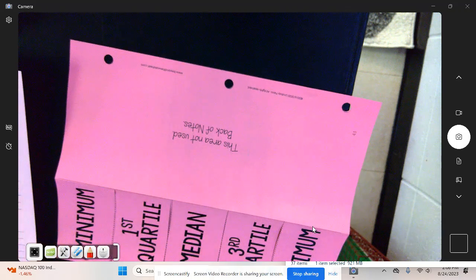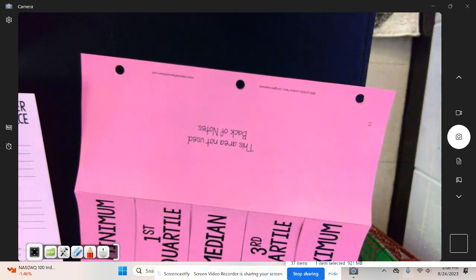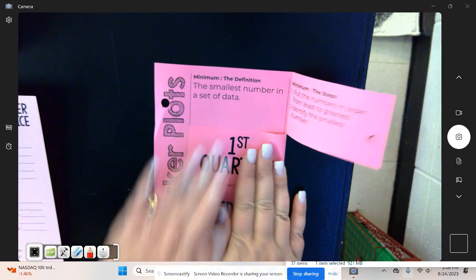Okay, make sure you do that. Once you have cut the flaps, then put your scissors underneath your seat so that you don't do anything crazy with the scissors.